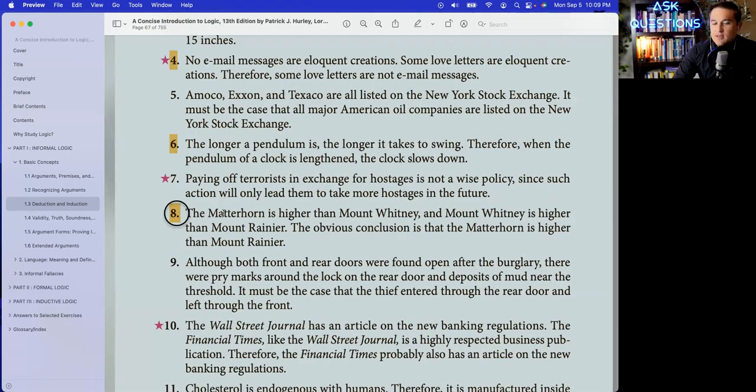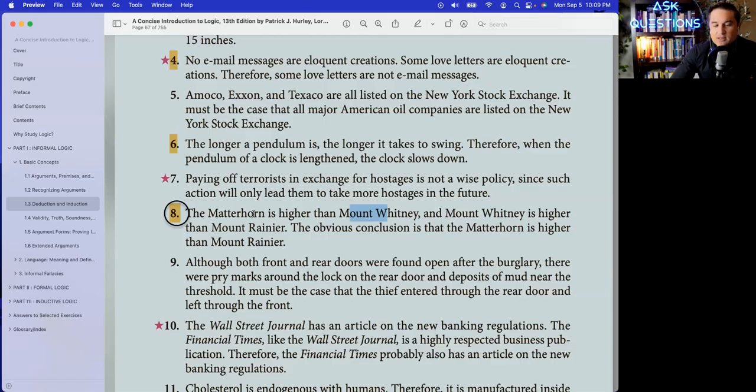So again, is this argument good overall? Well, it depends on the empirical question. Is this premise actually true? Maybe it turns out that Mount Whitney is higher than the Matterhorn. It might be. I don't know. I'm not a mountain expert.